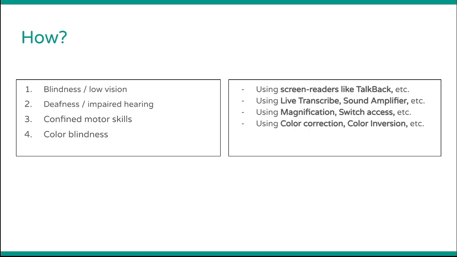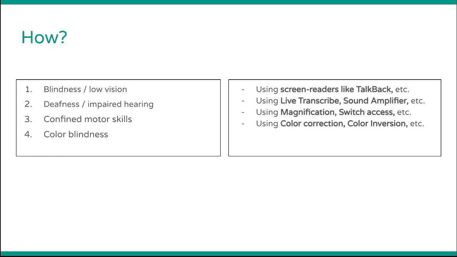Also, if someone has a confined motor skill, it means they have difficulty in using an application correctly because they don't have much control over their hands or motor skills. For that, magnification can help a lot. For example, if there is a small button and a very big button, someone with a confined motor skill can easily click on the big button, right?